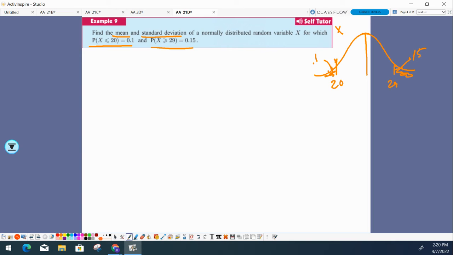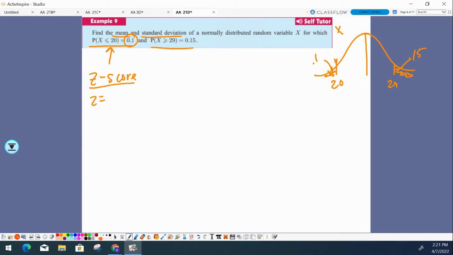All right. So let's get our corresponding z-scores for each of these. So let's do our inverse normal, where our area is 0.1, and the corresponding z-score for this one, let me go ahead and plug it all in.